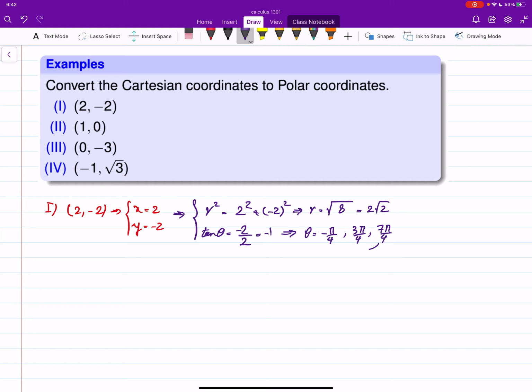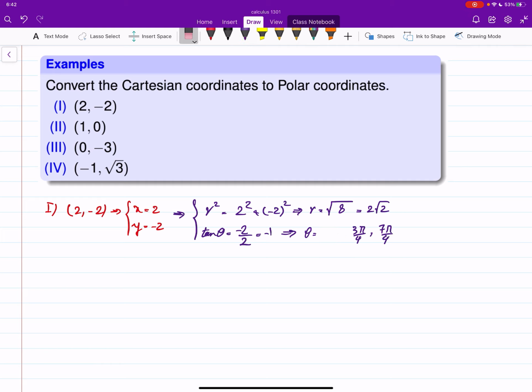But this is basically this plus 2 pi. So there are two answers on the interval minus pi to pi, or you can say two angles between 0 and 2 pi. I can make it like this, 7 pi over 4.